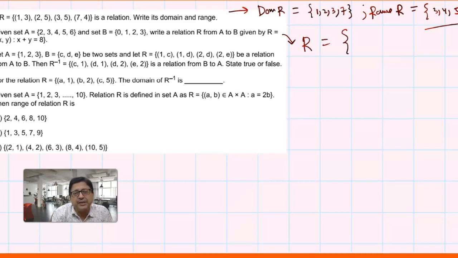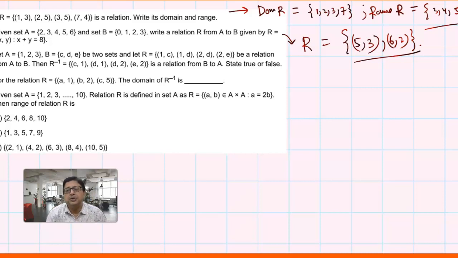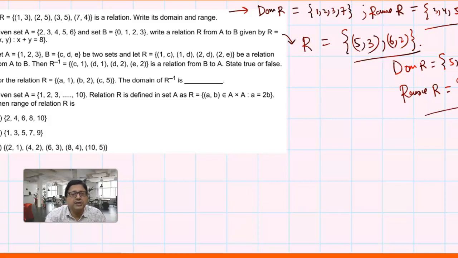So we can write 5, 3 and 6, 2. So the domain this time is going to be 5, 6 and the range of the relation is going to be 2, 3.